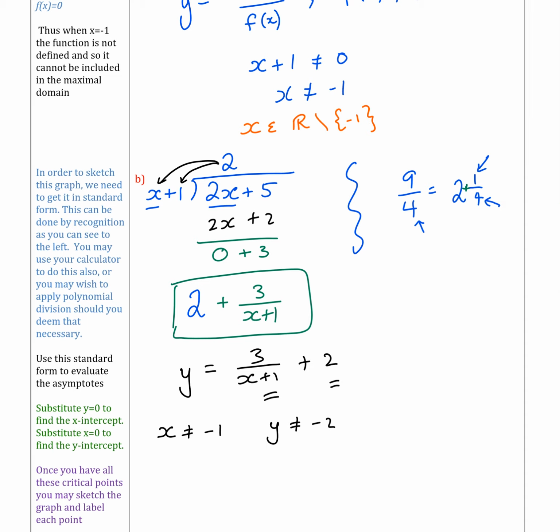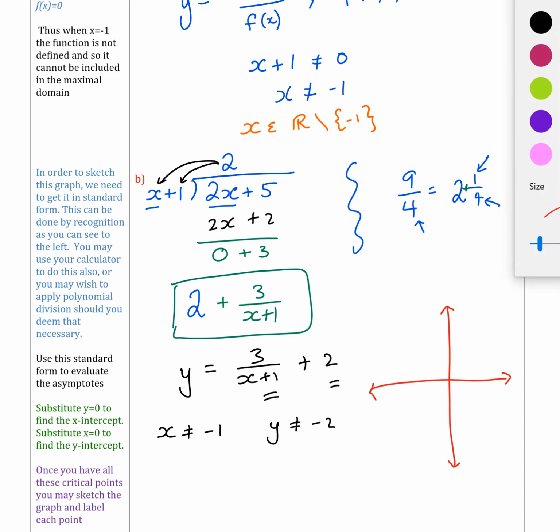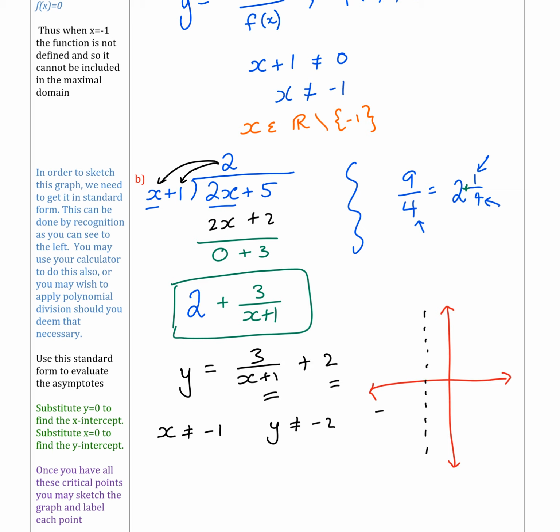So at this point I'd probably sketch my axes, make sure that you use a ruler. I can't quite do that on this. And we want to make sure that we've got x equals negative 1, so that's down here. And we've got y equals negative 2, which is down here.